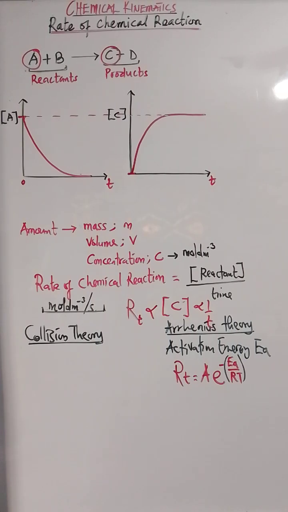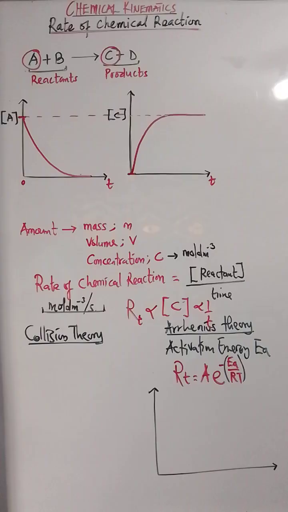In this distribution or graph, it shows how the number of reacting particles with effective collision increases with increase in temperature. But before that, note this: for every kind of chemical reaction, there is a specific value for their activation energy. It is constant.